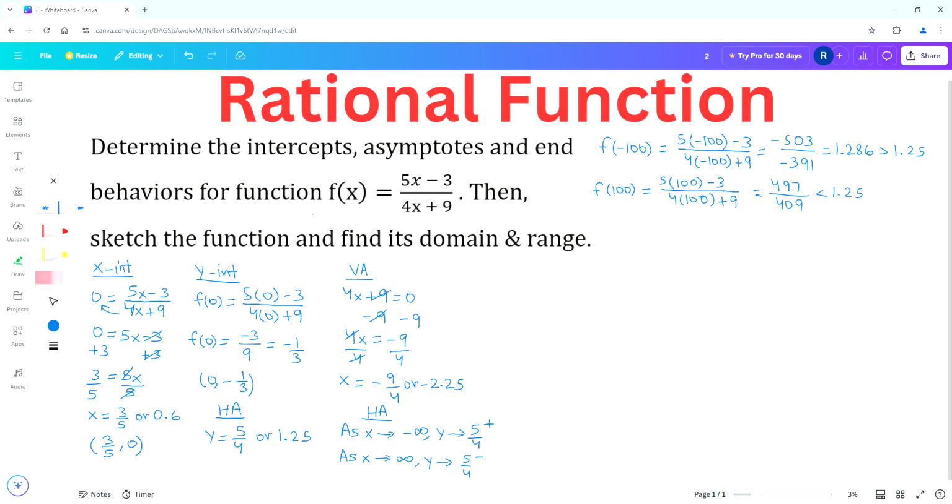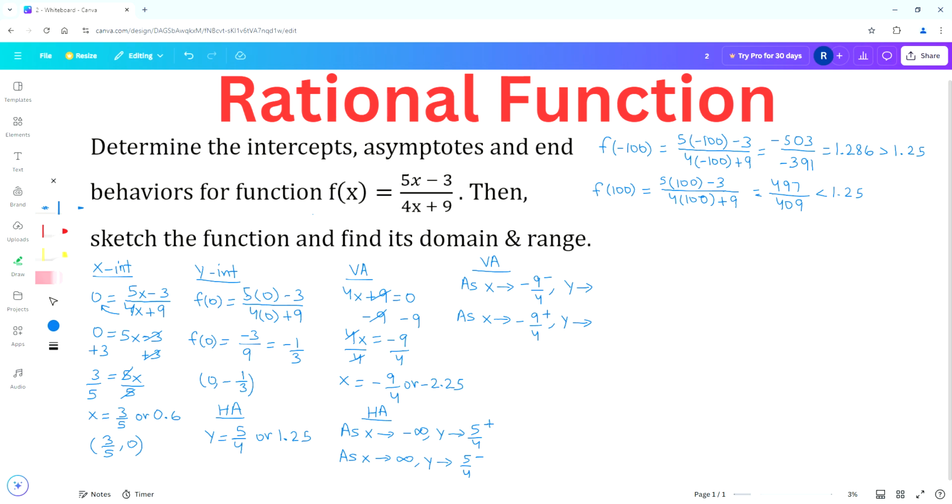Now we can find the end behavior for the vertical asymptote. We have to find whether the graph of the function approaches positive or negative infinity on the left side and the right side of this vertical asymptote.